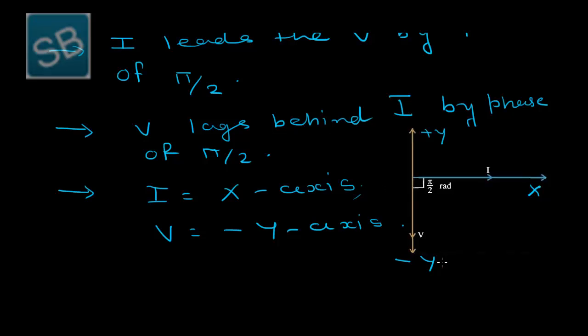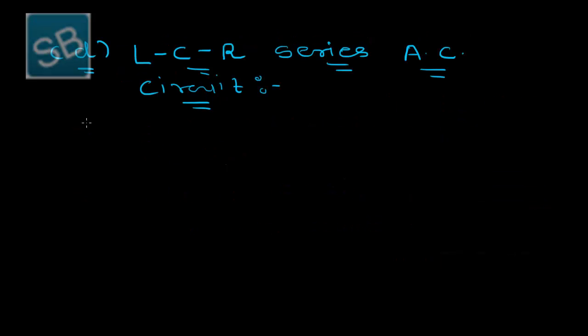Now we will study LCR series AC circuit and also derive one phase relation for that. But before we start to analyze this kind of circuit, just recall the characteristics of voltage and current in the above discussed cases. First of all, I consider the direction of current, and here the voltage in the AC circuit containing only resistance.